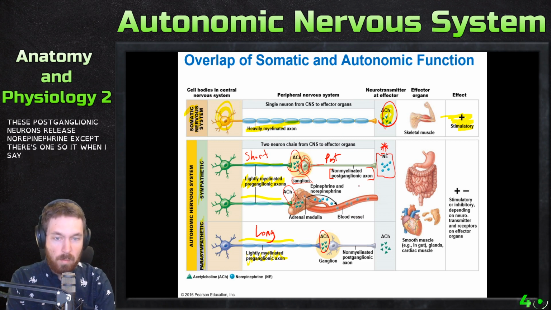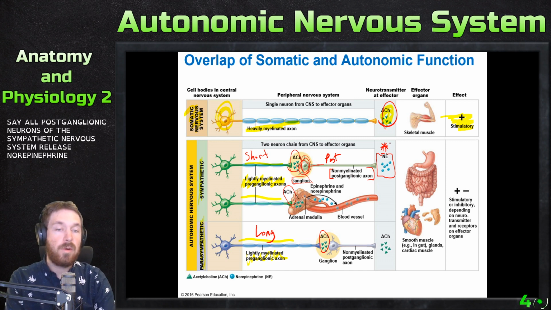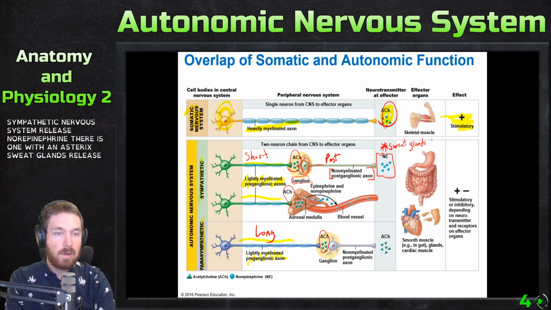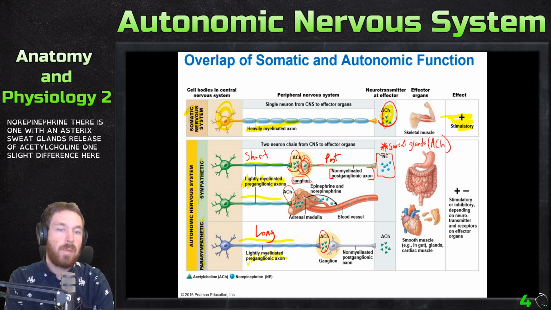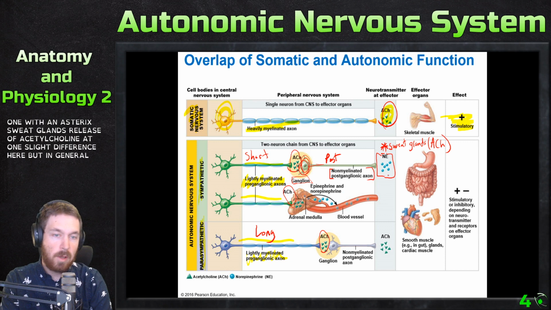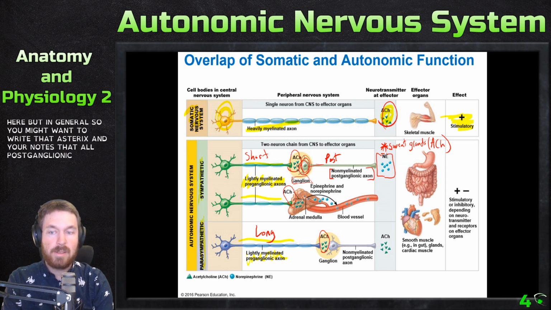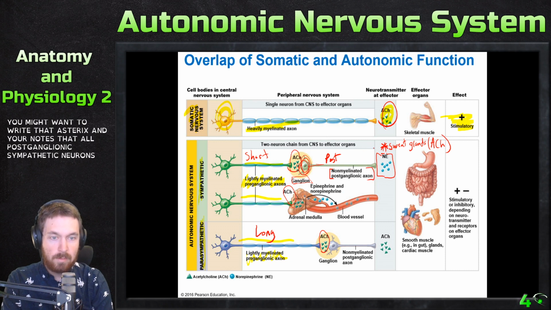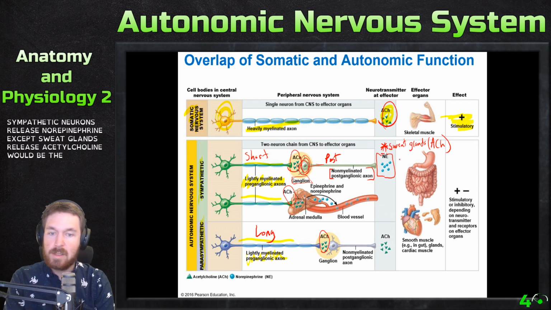When I say all postganglionic neurons of the sympathetic nervous system release norepinephrine, there is one with an asterisk: sweat glands release acetylcholine. So that's one slight difference. You might want to write that asterisk in your notes. The full sentence would be: all postganglionic sympathetic neurons release norepinephrine except sweat glands, which release acetylcholine.